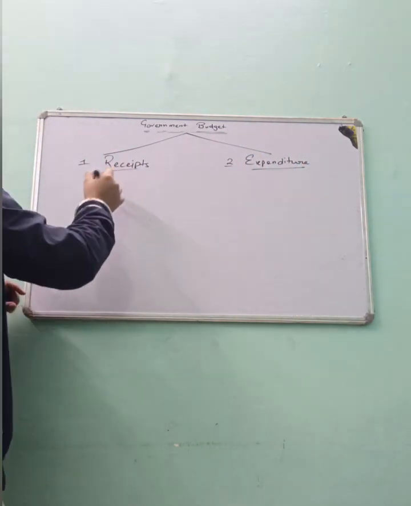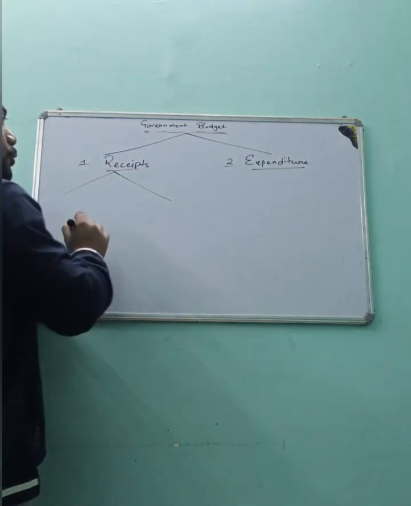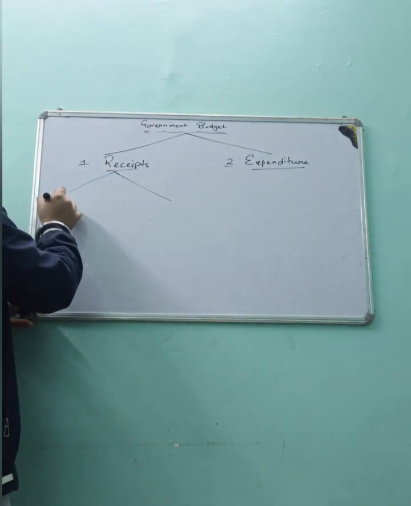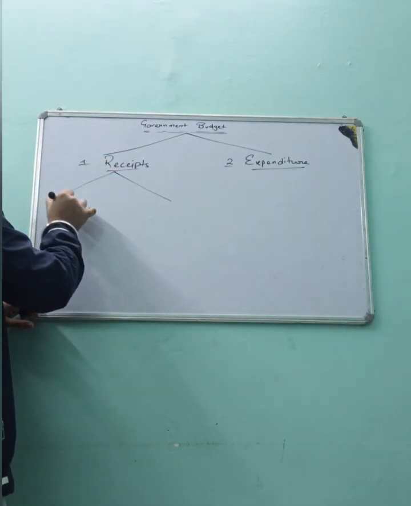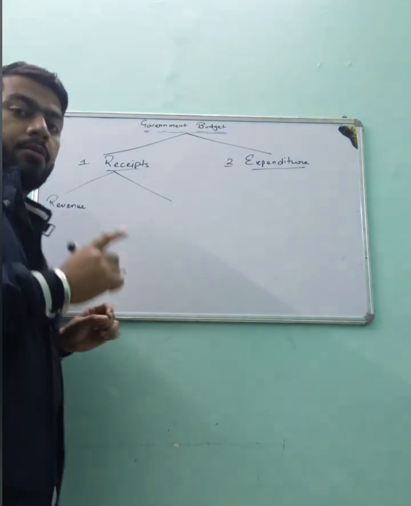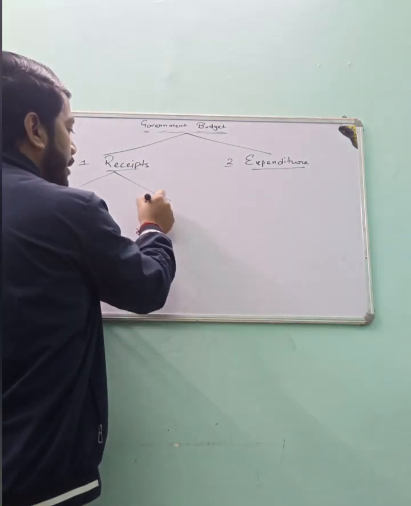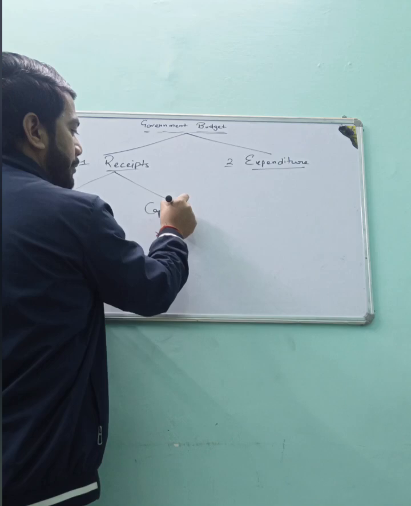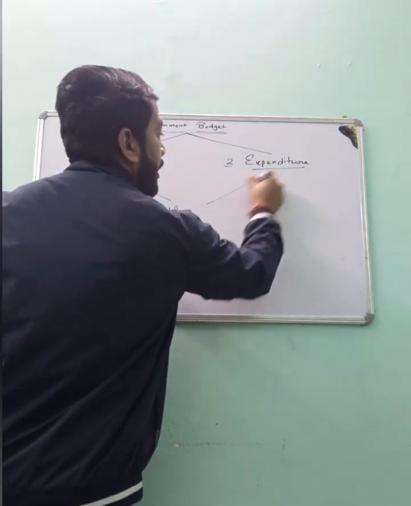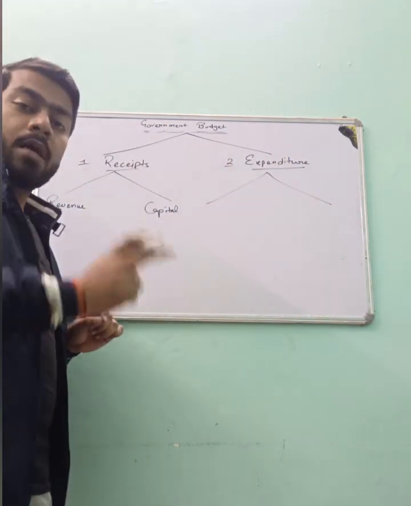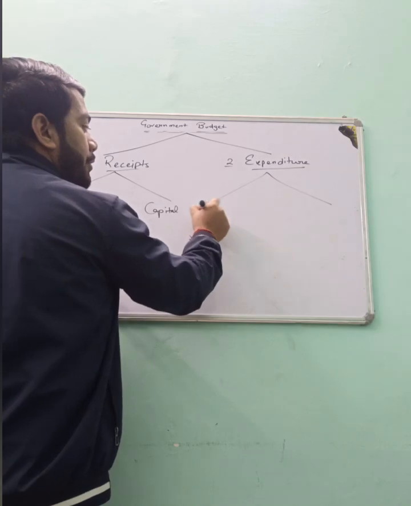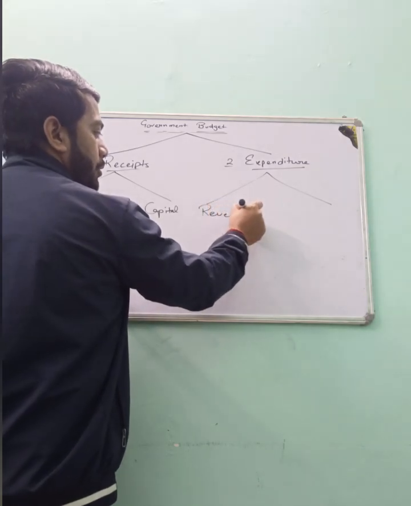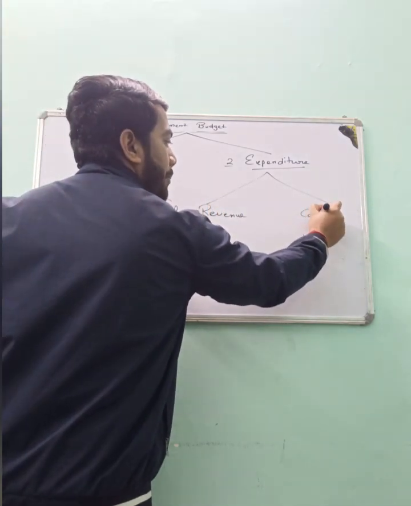Receipts are also divided into two parts. First one is revenue receipt and the second is capital receipt. Expenditure is also divided into two parts, revenue expenditure and capital expenditure.